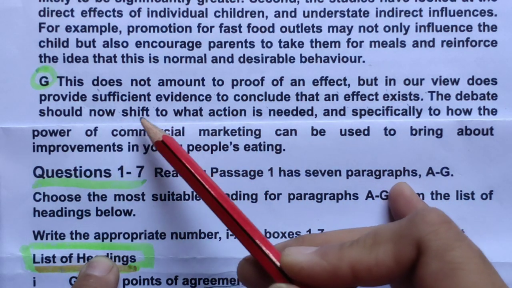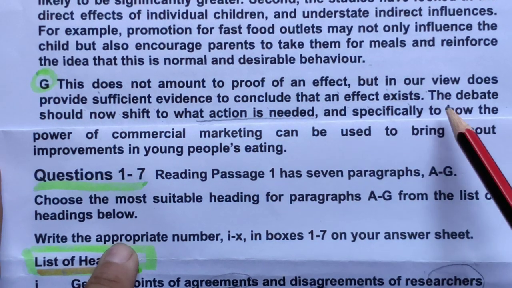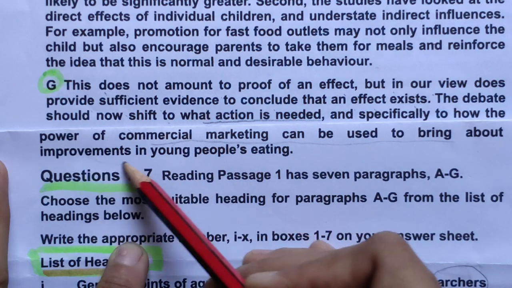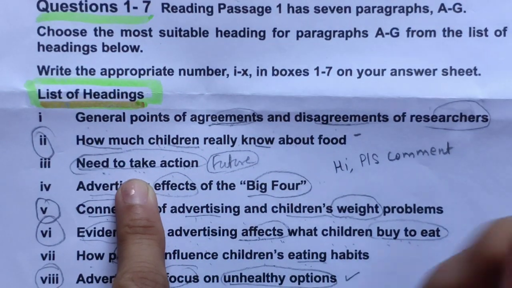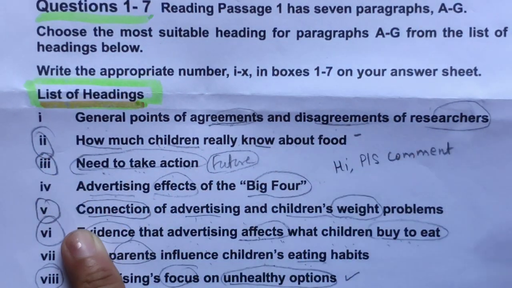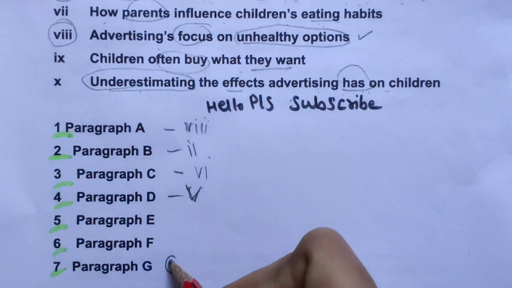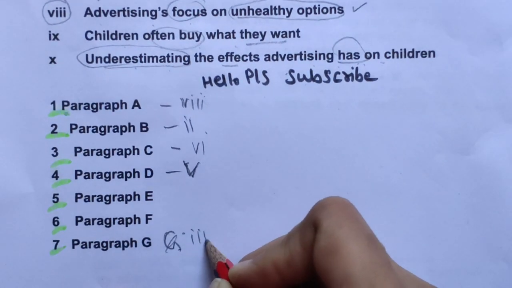The debate should now shift to what action is needed and specifically to how power of commercial marketing can be used to bring about improvement in young people's eating. So the statement, what action is needed? Need to take action. So this will come with the last paragraph, that is G number. Now this number is third number. This is third number. Okay.